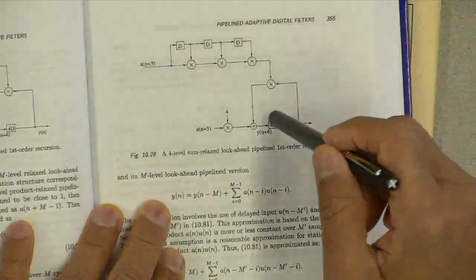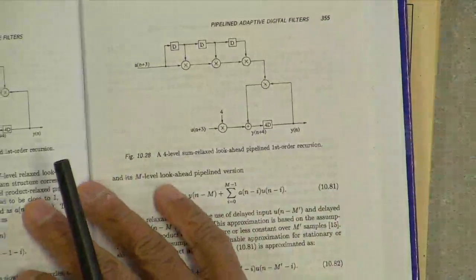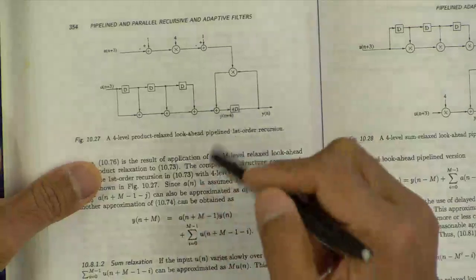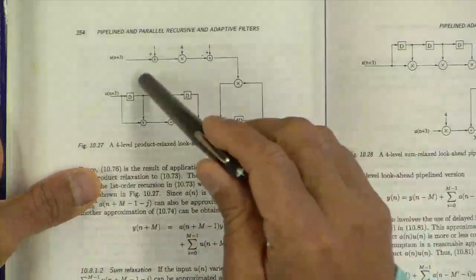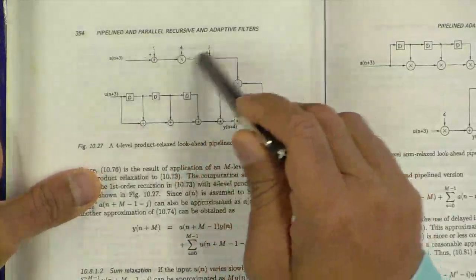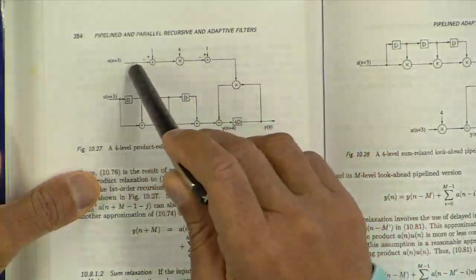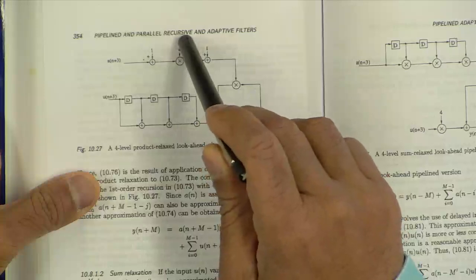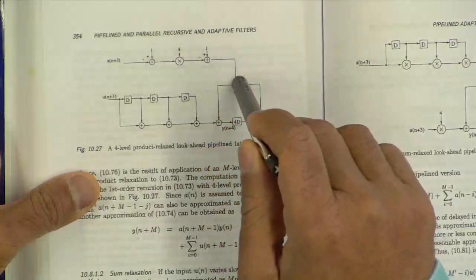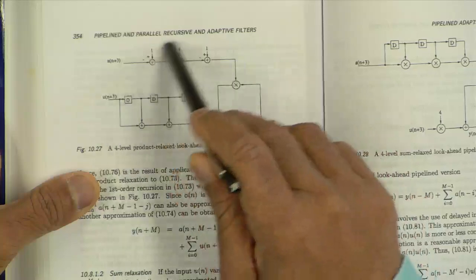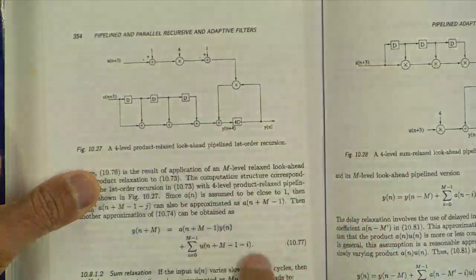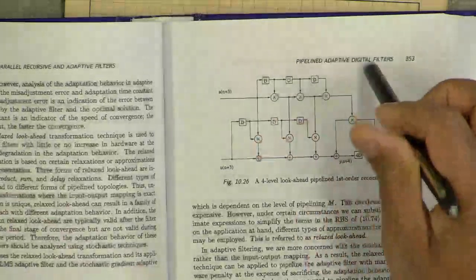After the product relaxation, we got rid of all these multiplications. So start with the coefficient a, 1 minus that, multiply by m, 1 minus that, and that's fed here. That's the result of getting rid of all these multiplications.